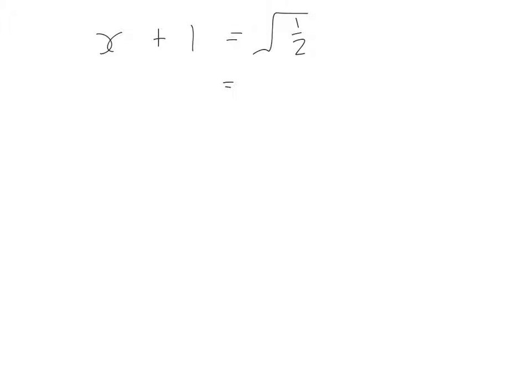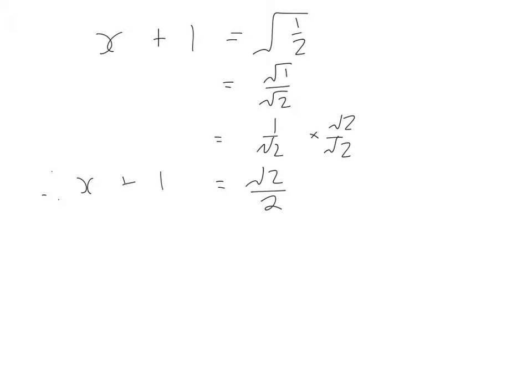Well, we could simplify that a bit by saying that's the square root of 1 over the square root of 2, which equals 1 on root 2. Then, if I rationalise the denominator, I would get root 2 on 2, like so. So I would have x plus 1 equaling root 2 on 2, and therefore I should have plus or minuses there, of course.